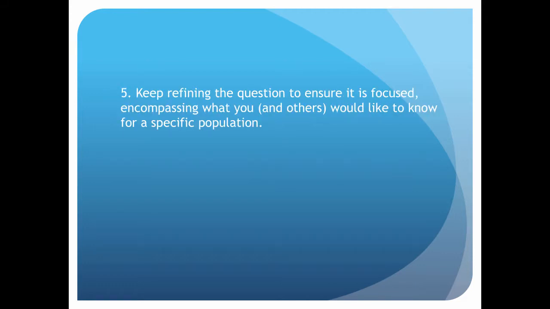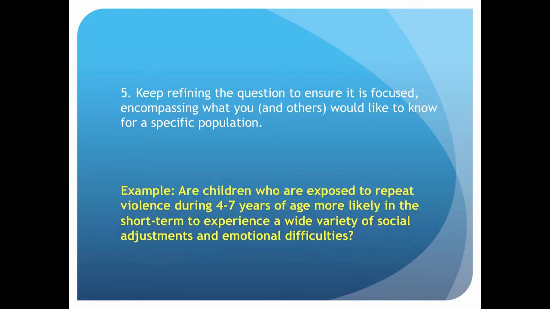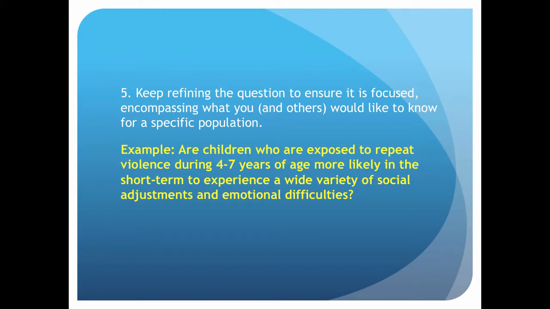Okay, so number 5, keep refining the question to ensure that it is focused, encompassing what you and others would like to know for a specific population. Now in the real world we would have perhaps more than one research question. For our assignment we just want to write one really good one. So you're going to come up with an example that says, are children who are exposed to repeat violence during 4 to 7 years of age more likely in the short term to experience a wide variety of social adjustments and emotional difficulties?